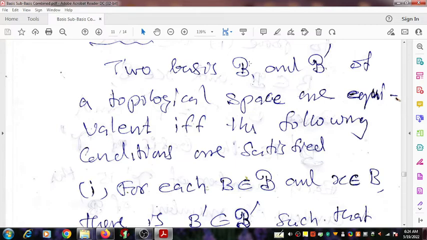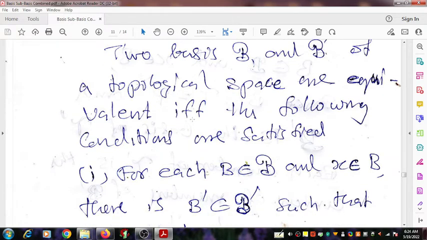The first basis can generate a topology, and the second basis can generate another topology, since it's a different basis. But the two bases are equivalent if they produce the same topology. That's how we define the equivalence of two bases.